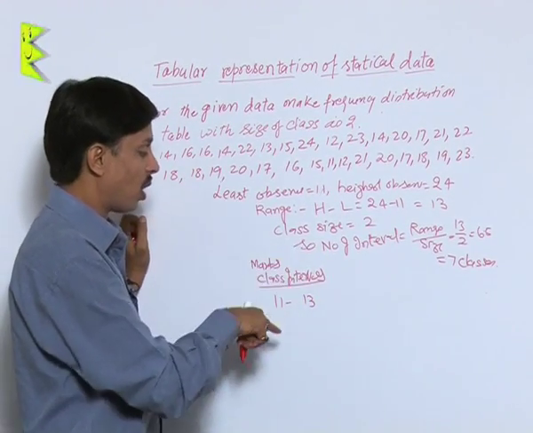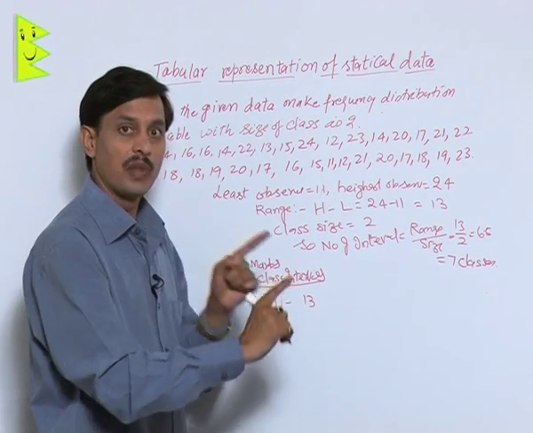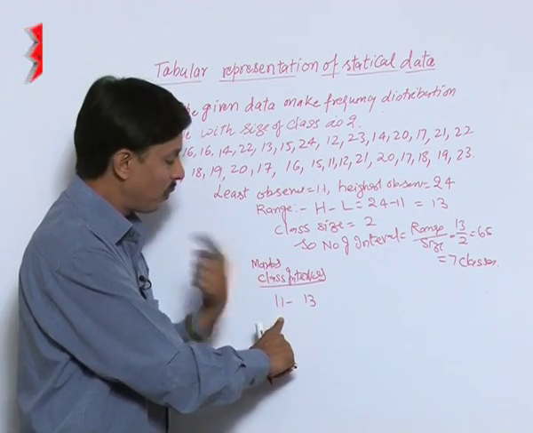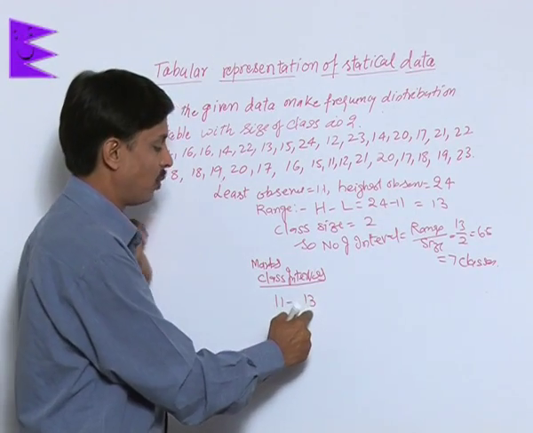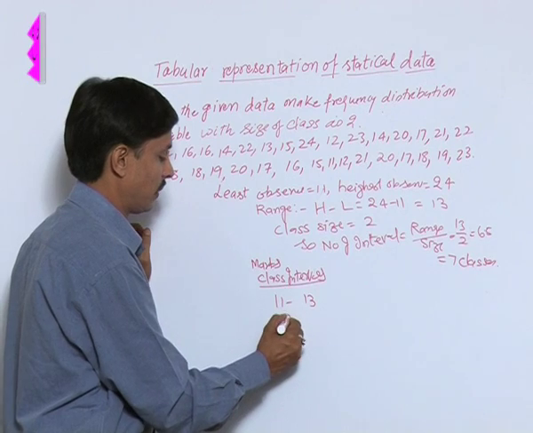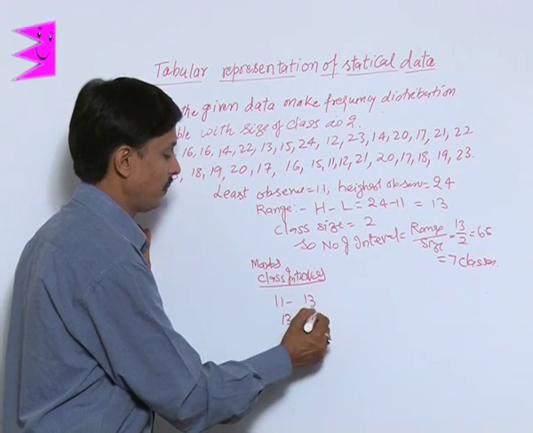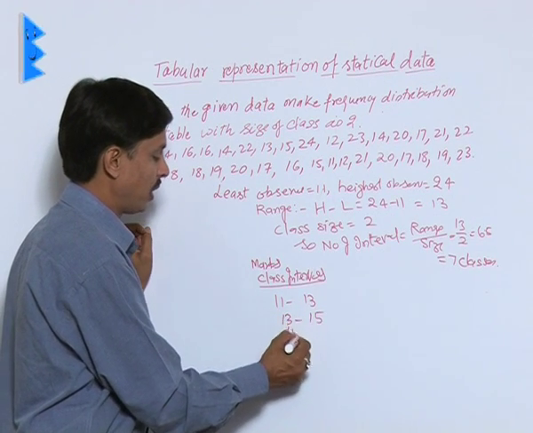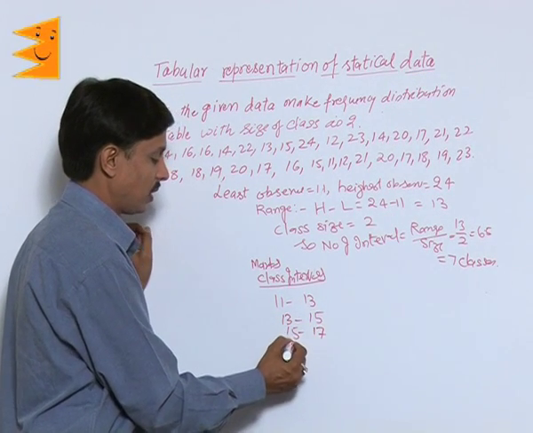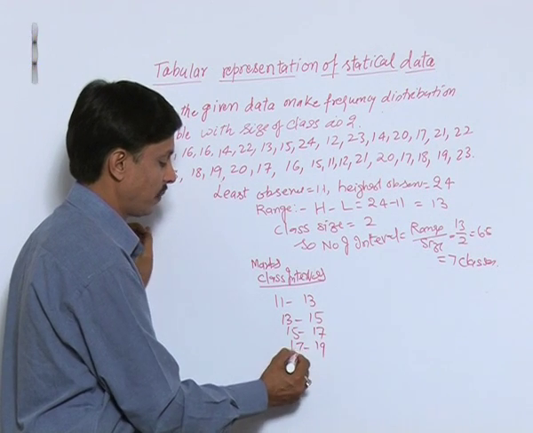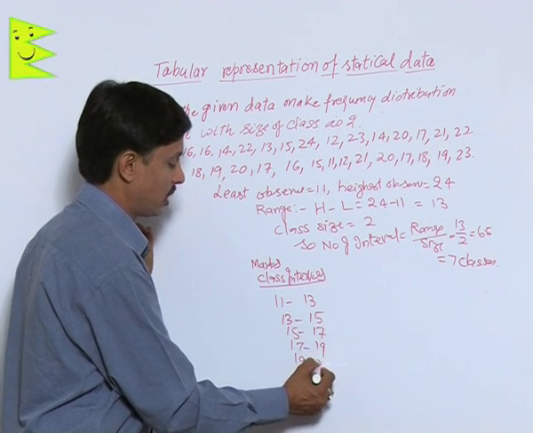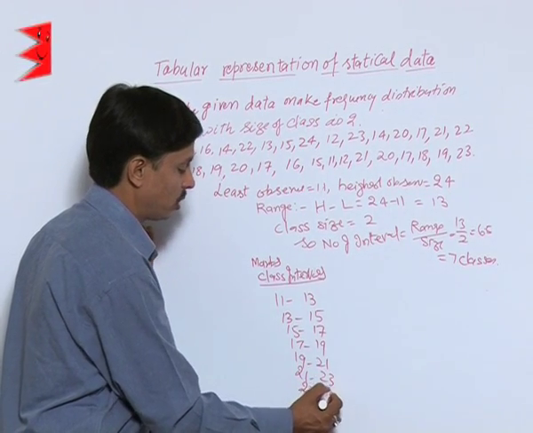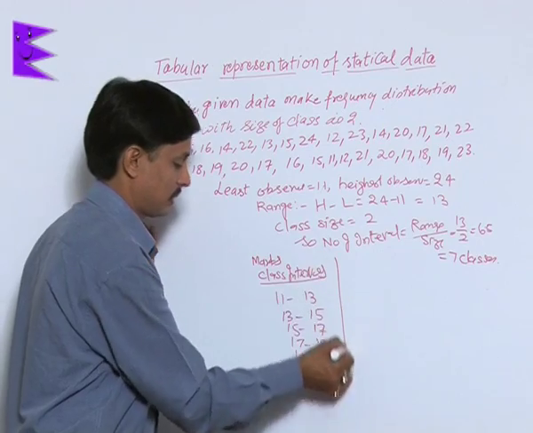Next, if we want to make it inclusive, then we will start here with 14, and if we want to make it exclusive, then we will take here 13. So 11 to 13, then 13 to 15, then 15 to 17, then 17 to 19, then 19 to 21, 21 to 23, and 23 to 25, the highest marks.